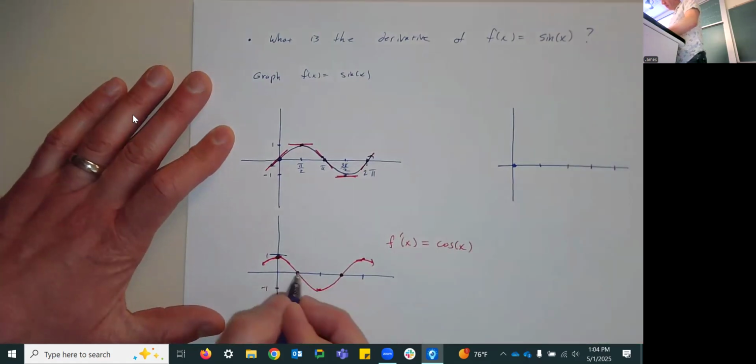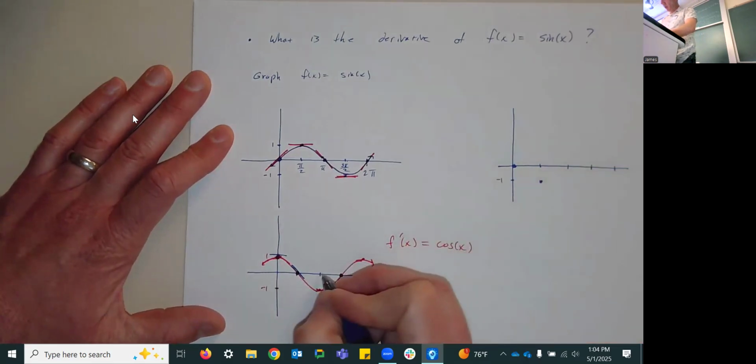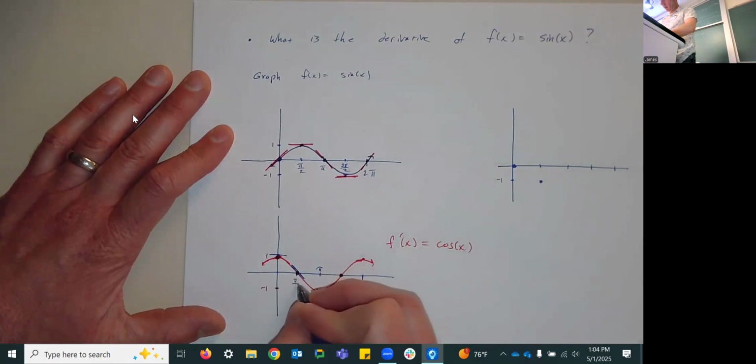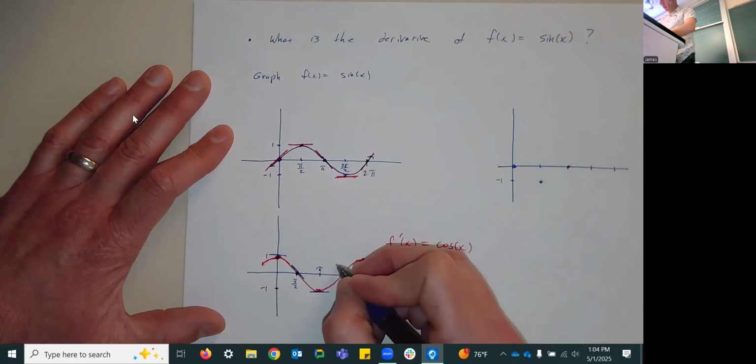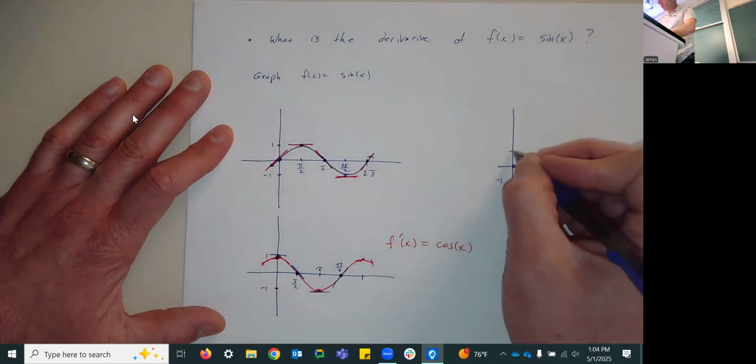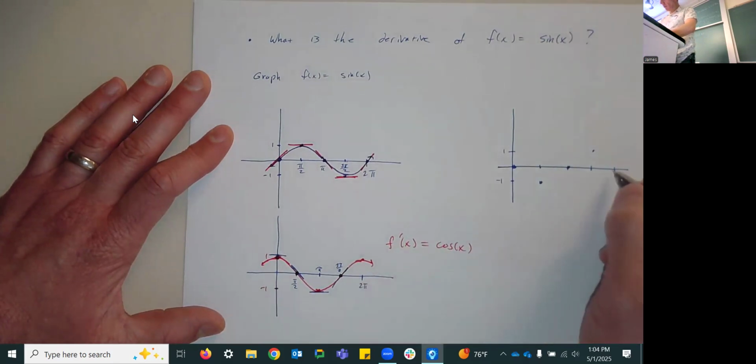And then the slope of the tangent line here at pi over 2 is going to be negative 1. And then over at pi, it's going to be 0 again. At 3 pi over 2, it's going to be positive 1. And finally, at 2 pi, it's going to be 0 again.